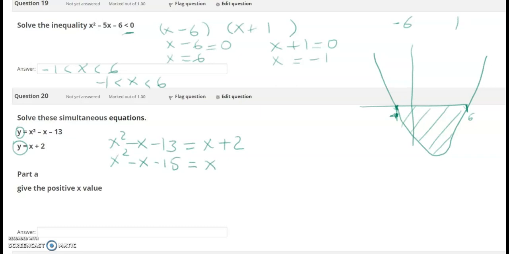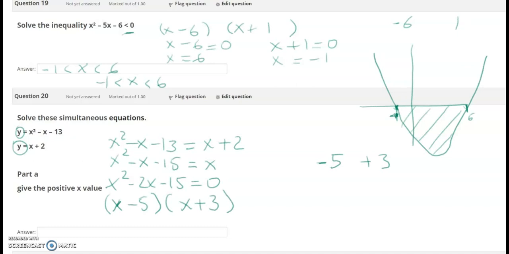And taking away x both sides, we get x squared minus 2x minus 15 is equal to 0. So we're going to solve the quadratic now. Factorizing, finding two factors that multiply to give us minus 15, that would be minus 5 and plus 3, because if we add 3 to minus 5, it's going to give us minus 2. So we get x minus 5 and x plus 3.